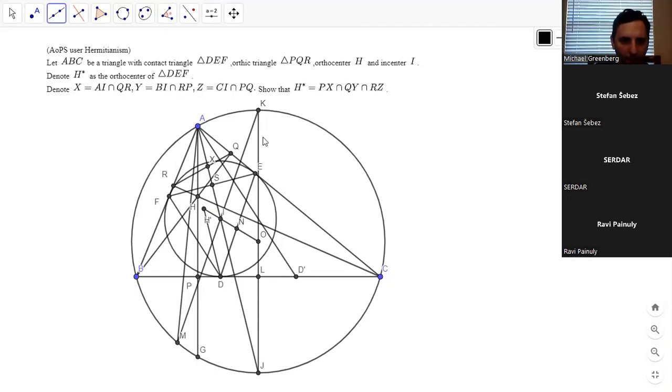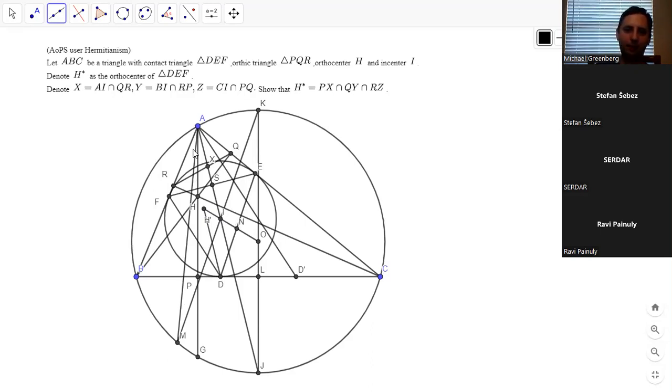This passes through the topmost point. Yeah, because these are isogonal. I see what you're saying.